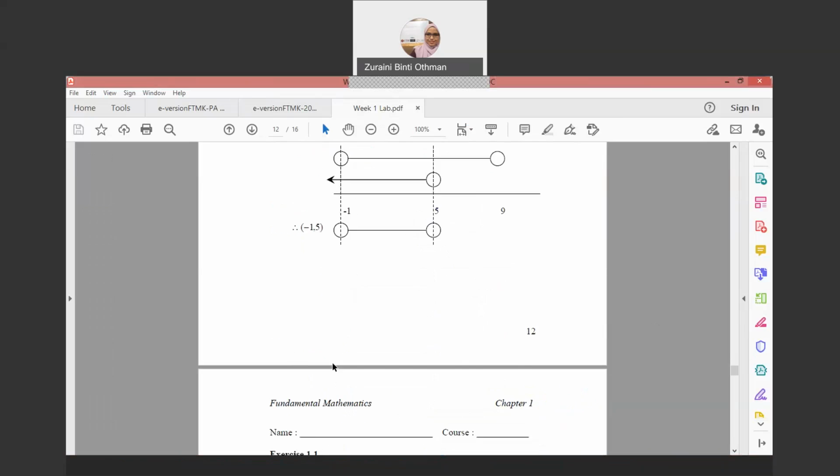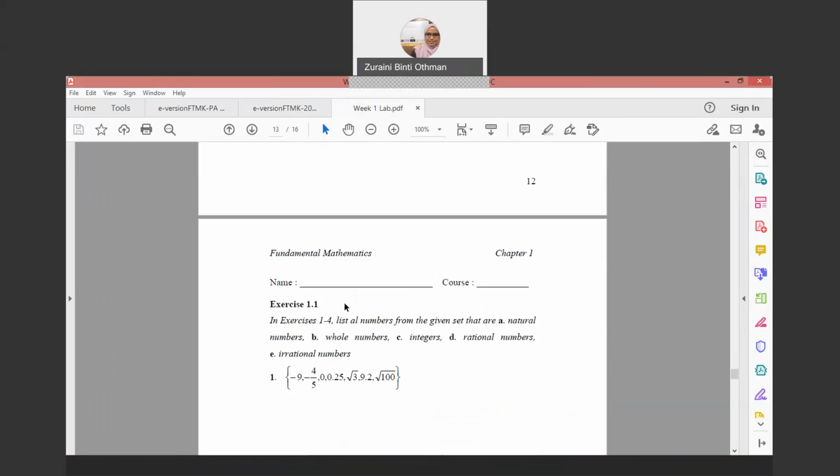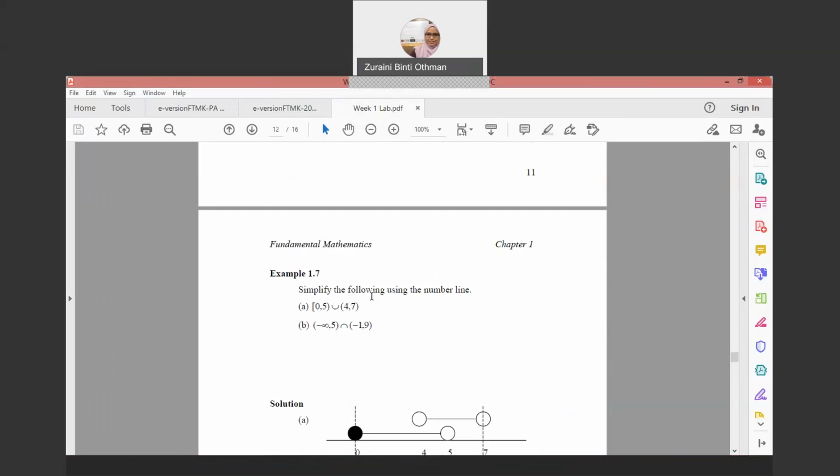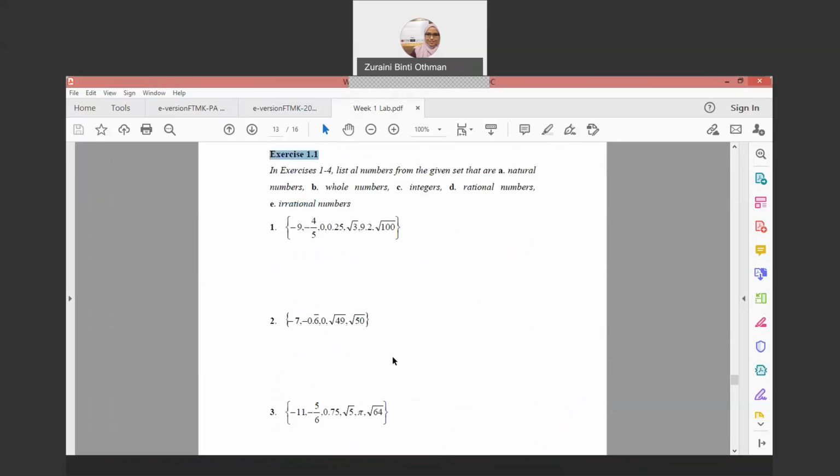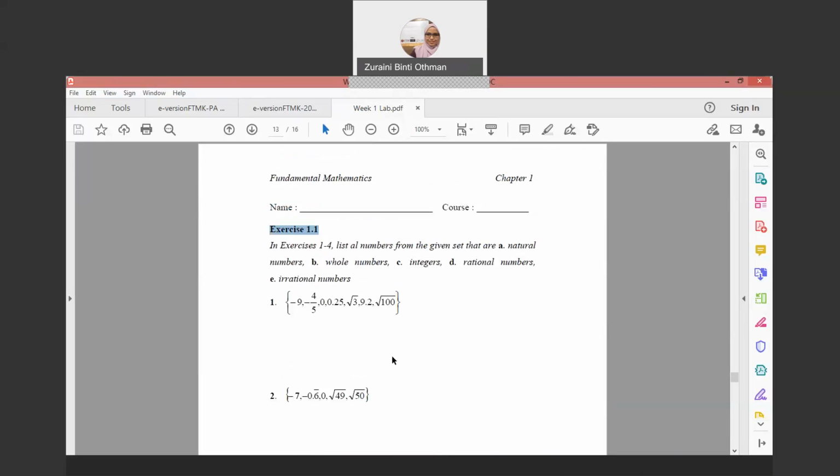Okay, from -1 until 5. So habis pada week 1 punya lecture. So this is the exercise 1.1 for this lecture. Make sure you answer this exercise 1.1, and you also have to do some simple exercise that I attach with this lecture also. You can see something like a quiz in the ULearn.